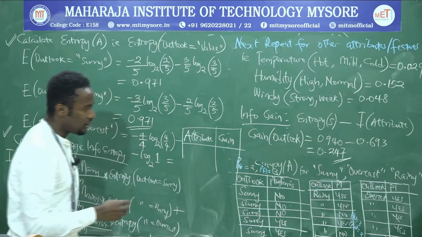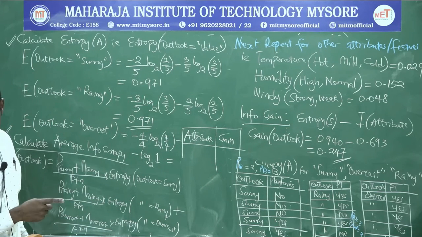The attributes were outlook, temperature, humidity, and windy.